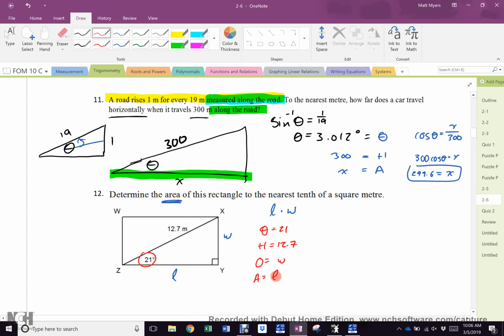So now I just do my math. What uses O and H? Sine 21 is W over 12.7, yes? What math am I going to do there? 12.7 times sine 21. That gets me W. What do I do for L?